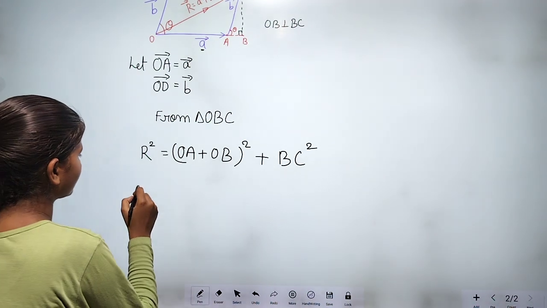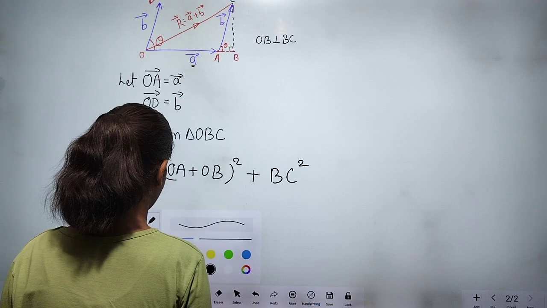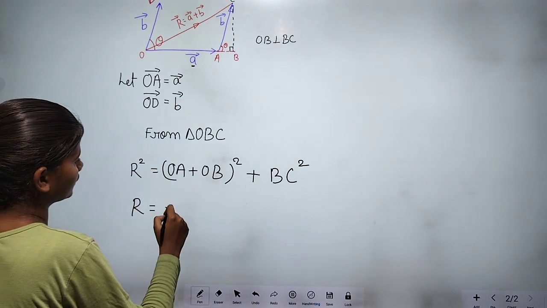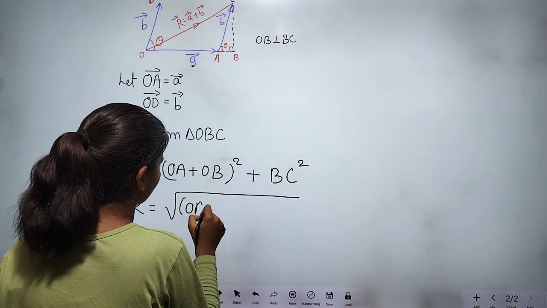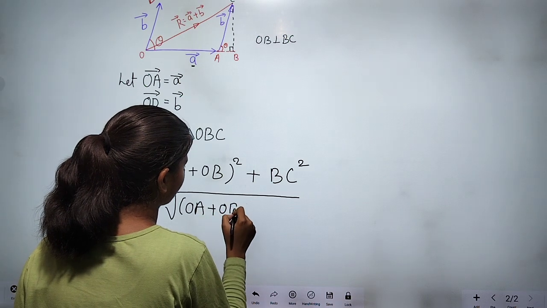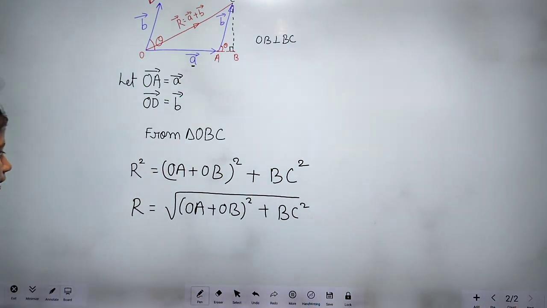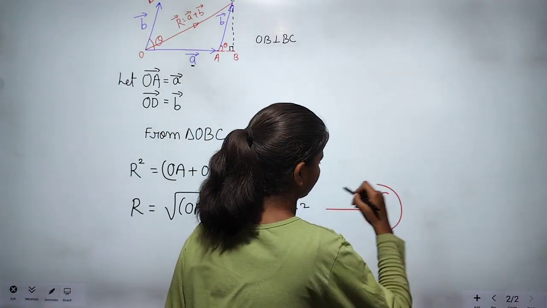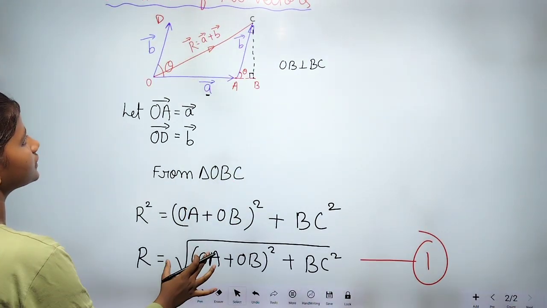So further we can write R is equal to root under (OA plus AB) square plus BC square. This one is our equation first. I hope it's clear to all.